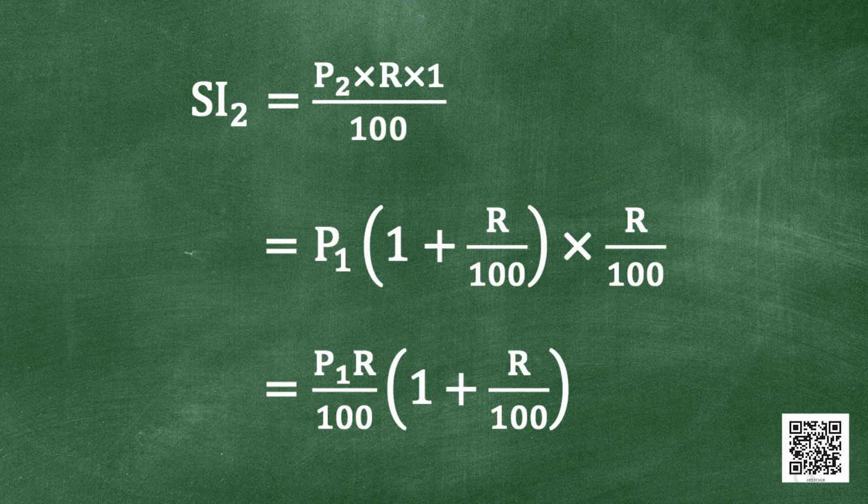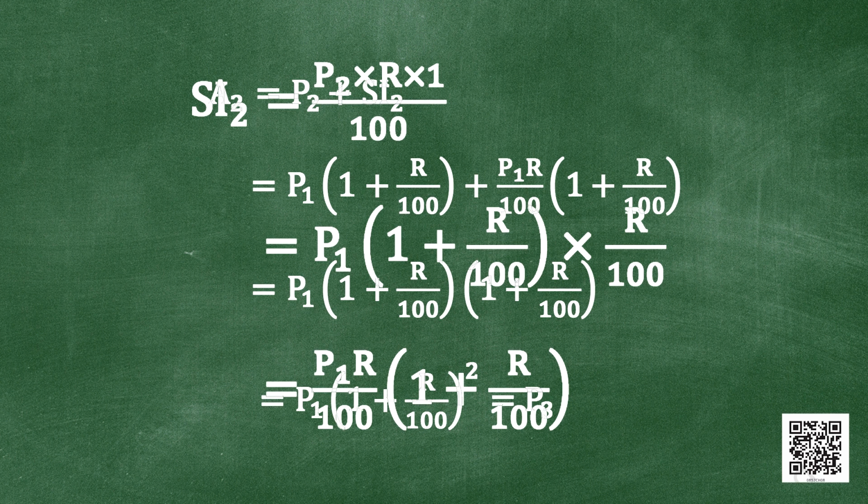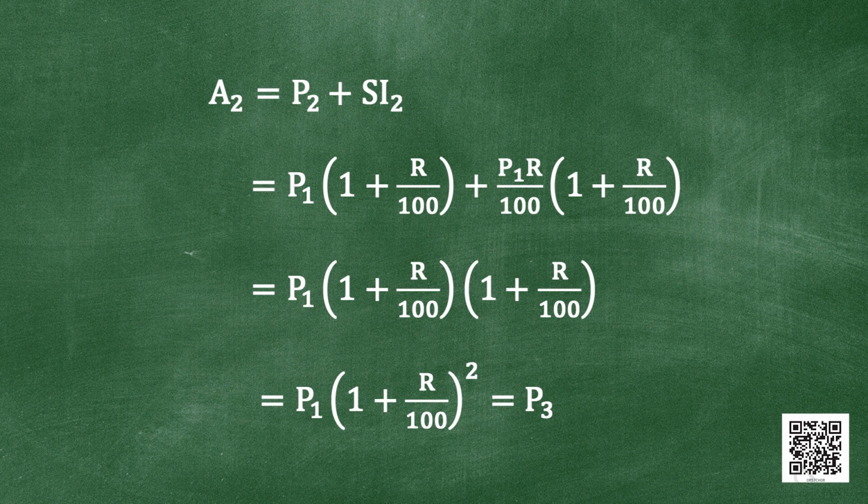So the amount at the end of the second year, that is given by A2, is equal to P2 plus SI2. So we know that P2 is nothing but P1 times (1 plus R by 100), plus just now we found SI2 is nothing but P1R by 100 times (1 plus R by 100). Now let us take the common term as P1 times (1 plus R by 100).